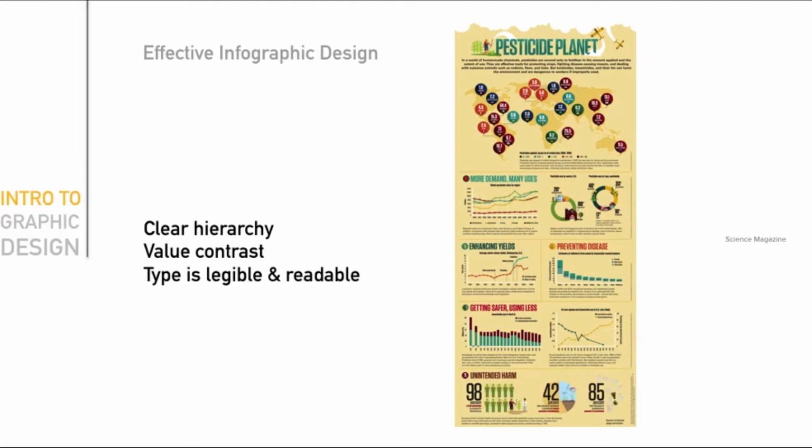So clearly here in this infographic, we start out with the first read, which is Pesticide Planet. Then we have some descriptive copy, and then we have various bar charts and Cartesian graphs and sparkline graphs and pie charts and things like that, and some isotypes and statistics and percentages and things like that. We have a section up here.